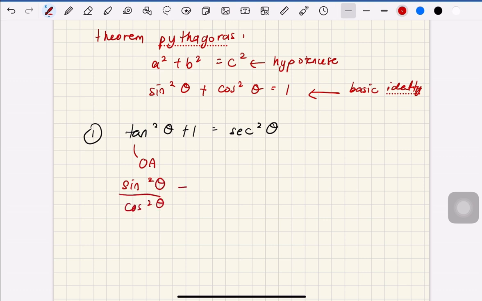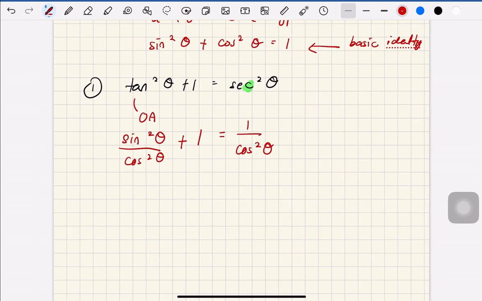And then the 1, what do we do? It's okay, you just put 1 only. How about secant? We look at the third letter. The third letter is C, so this is 1 over cos theta. Now we have a couple of fractions and a whole number. How do we make 1 into a fraction? You can say 1 over 1, 2 over 2.